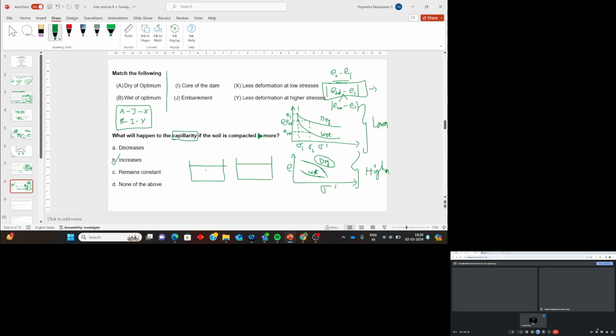Now you immerse a capillary tube of diameter D1 in one, and in another you introduce a thinner capillary tube of diameter D2.